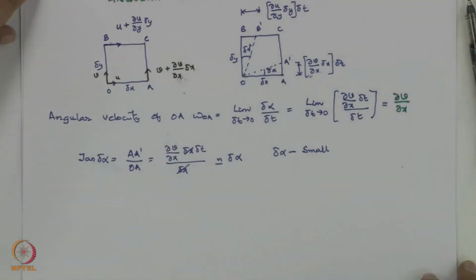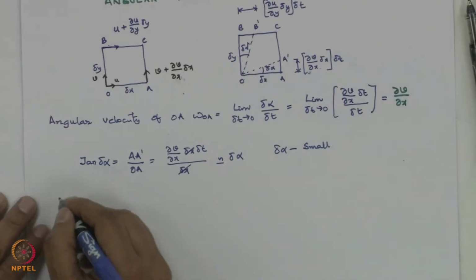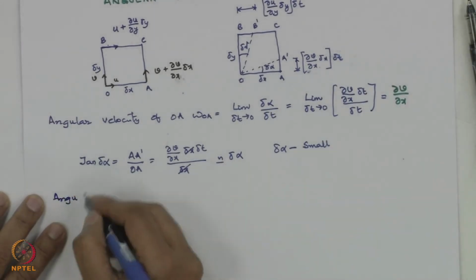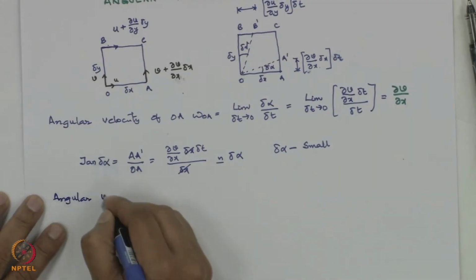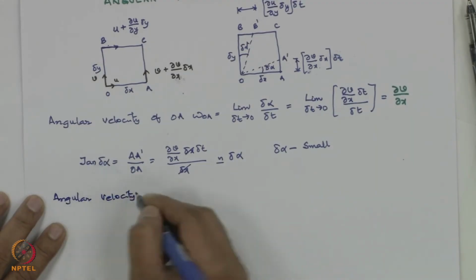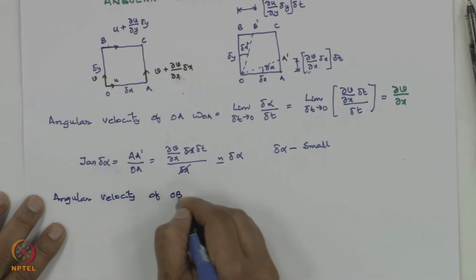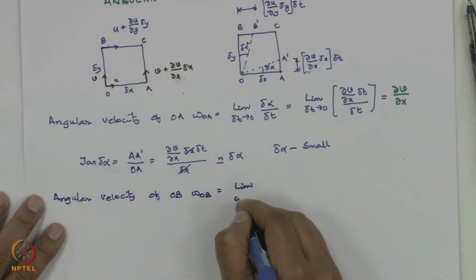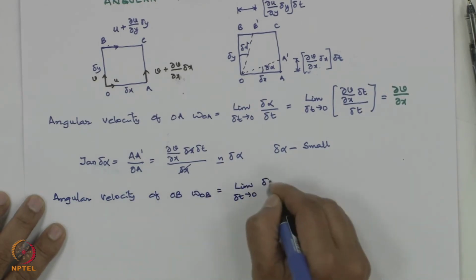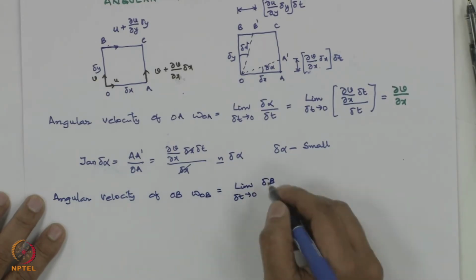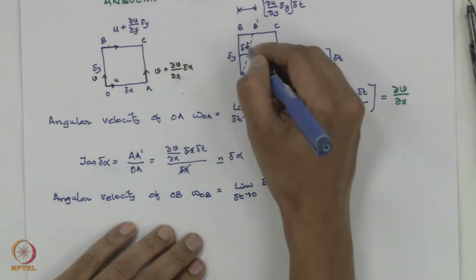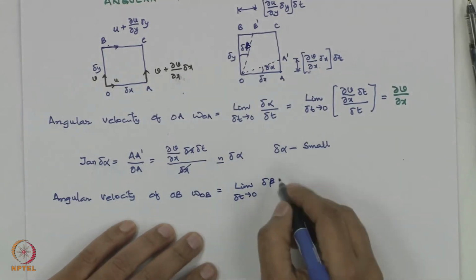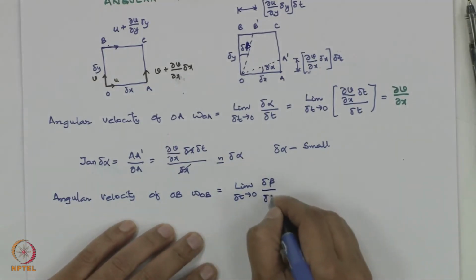Now similarly, let me do the angular velocity of OB, that is ω_OB equal to the limit as δt tends to 0 of δβ/δt.